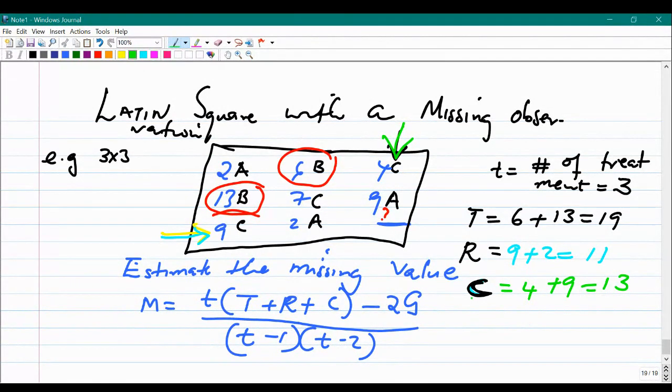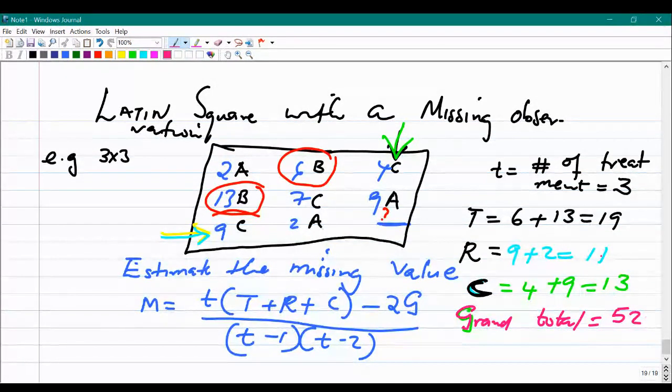What is left? The G, the grand total. When you add all the values, what are you having? 52.